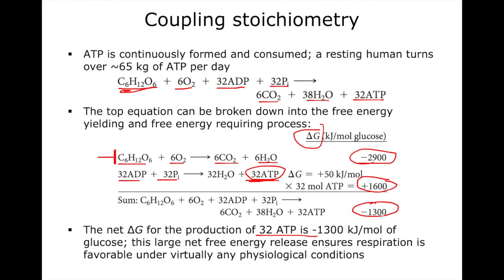So understand how coupled reactions work, how ATP can be used to couple two reactions, and how those delta G values relate to equilibrium constants, and how those equilibrium constants can give us ideas about concentrations. And then, of course, as we'll see later in our course, we can use metabolic pathways to produce ATP in very important chemical reactions.